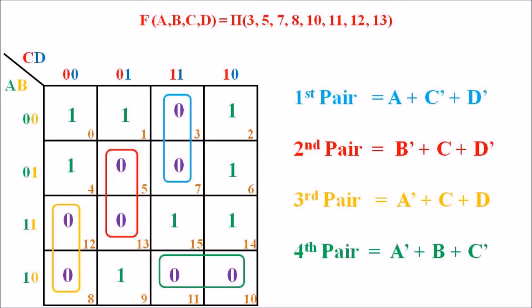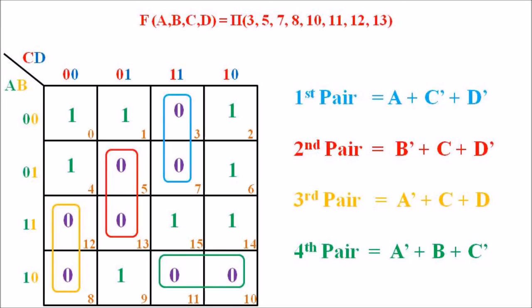Here b is changing its value, so b can be ignored, and we take only the value of a, which is a equal to 0. Since it lies in the third column, the values of c and d are constant, with c equal to 1 and d equal to 1. Therefore, the reduction of the first pair is a plus c bar plus d bar.